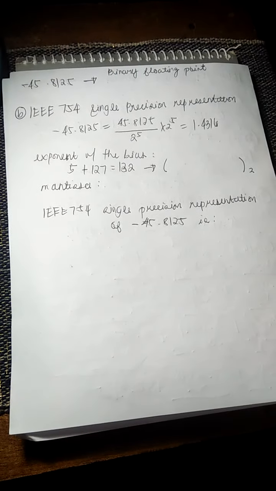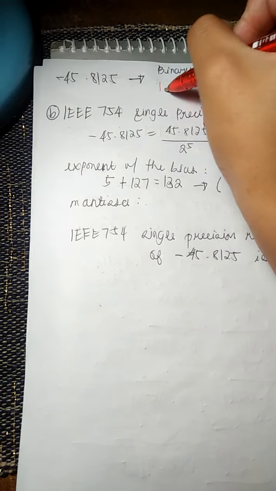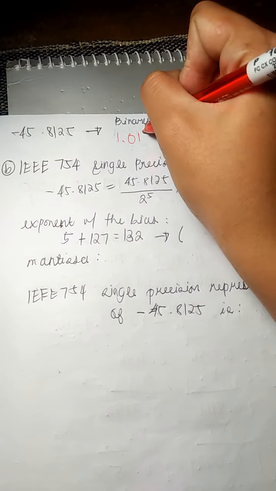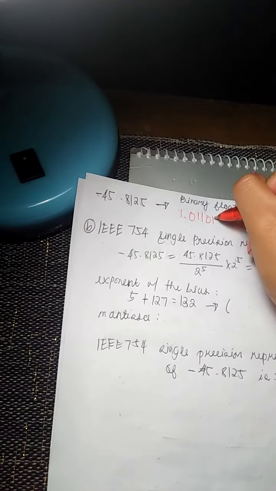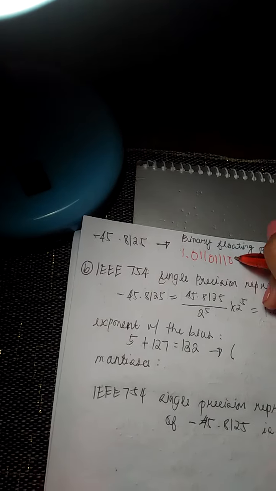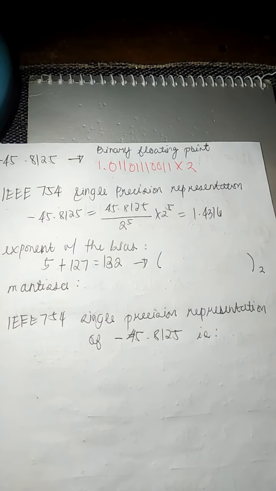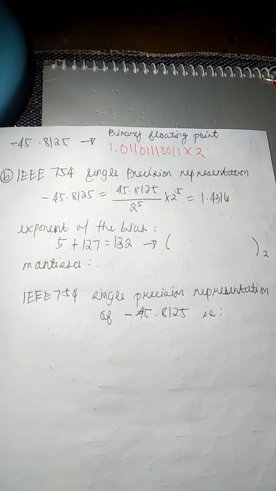So the binary floating point of negative 45.8125 is 1.011011111001001 times 2 raised to the power of the exponent, which is 5.